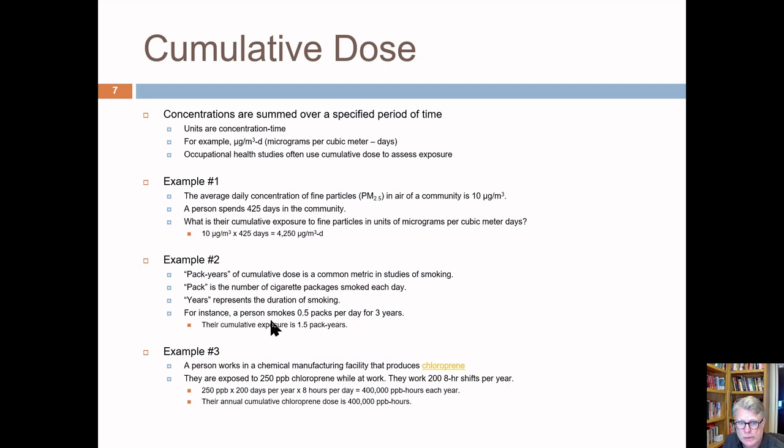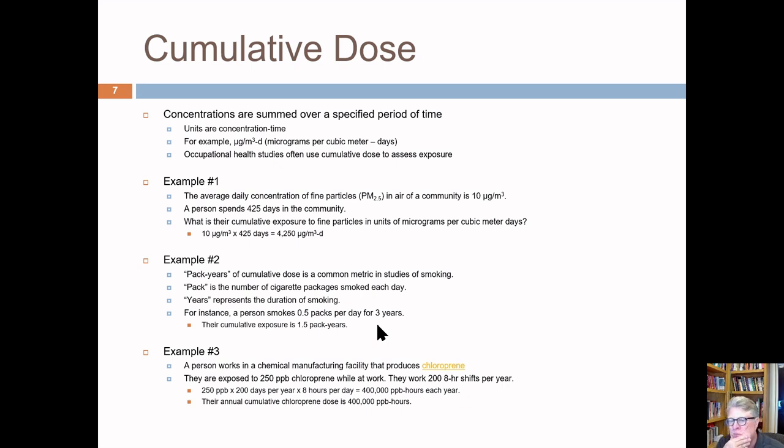So, for instance, a person smokes 0.5 packs every day, and they do that for 3 years. That means they would multiply these two together, they have 1.5 pack years of cumulative exposure.